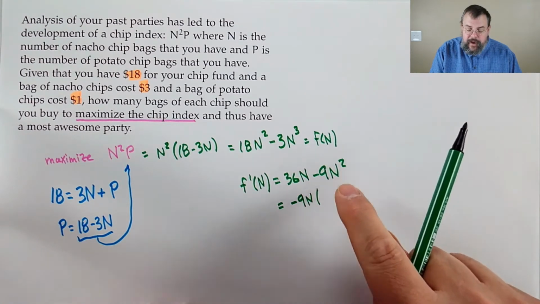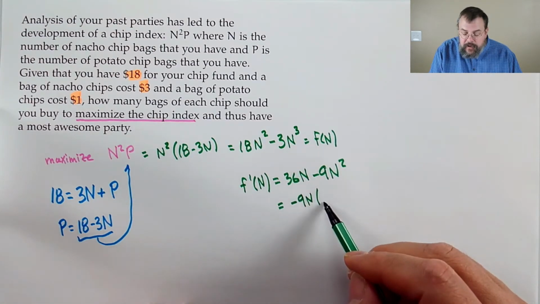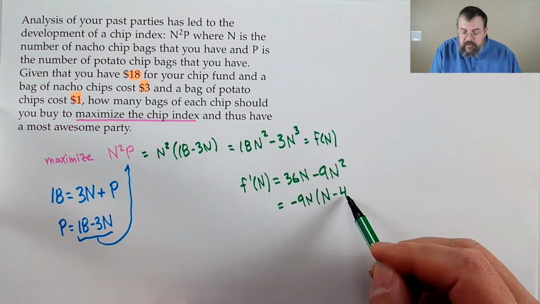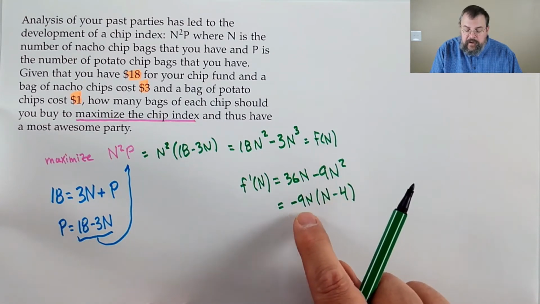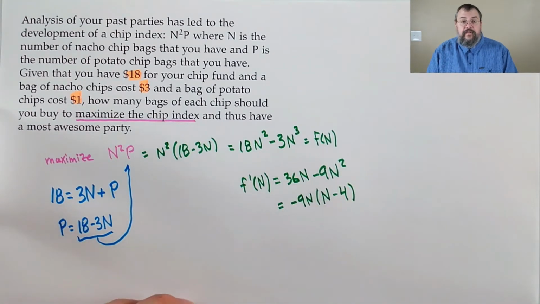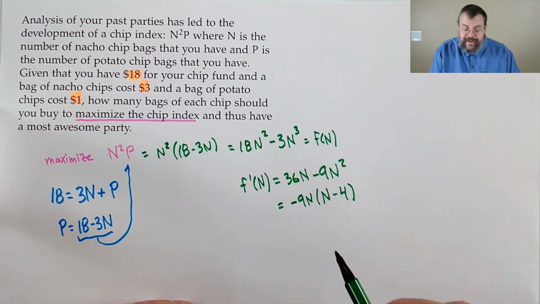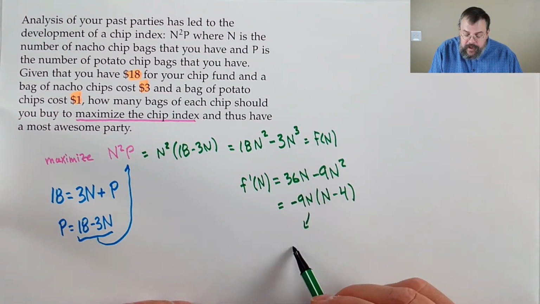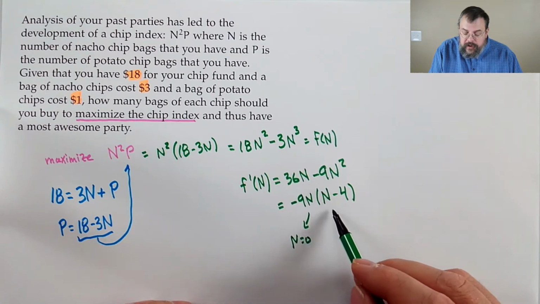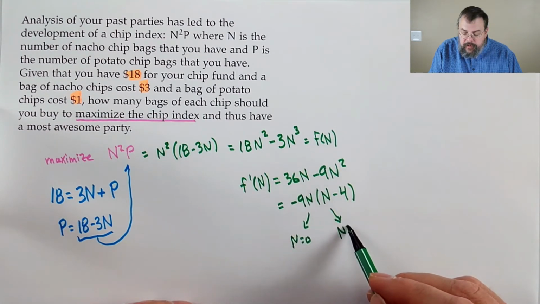So the highest power is the square. All right, so that would leave us with an n and minus 4. Minus 4 because minus 4 times minus 9 is plus 36. So it seems we have two candidates. Well, one candidate is to say n equals 0. The other candidate would be n equals 4.